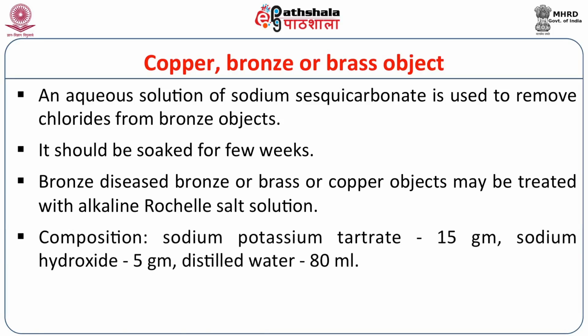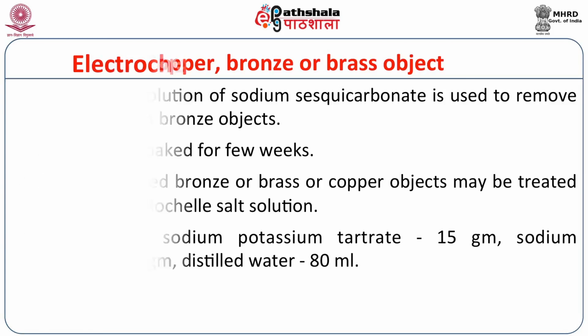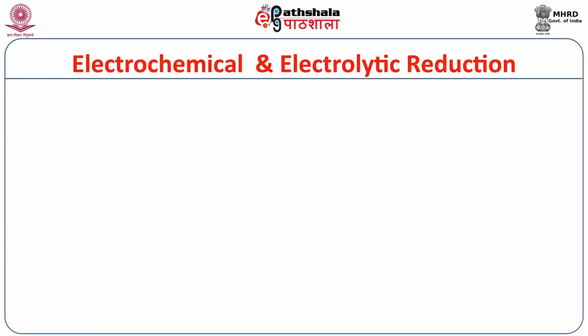The composition of this salt is potassium sodium tartrate 15 grams, sodium hydroxide 5 grams and distilled water 80 ml. The most drastic process for the treatment of corroded metal objects is the electrochemical method and then electrolytic reduction.